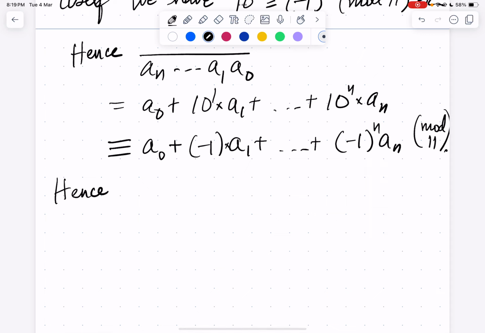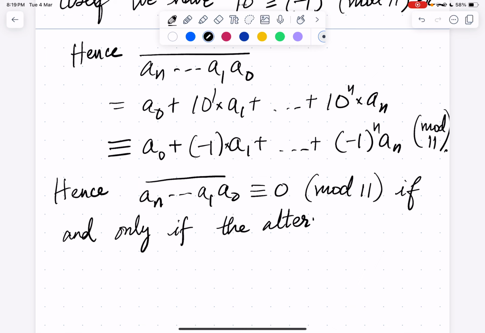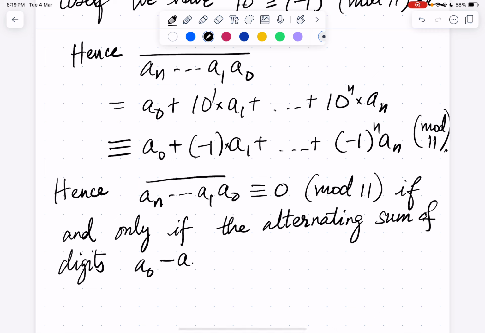Hence, the original number is congruent to 0 mod 11, that is, divisible by 11, if and only if the alternating sum of digits, a_0 minus a_1 plus a_2 and so on till minus 1 to the n times a_n, is congruent to 0 mod 11.